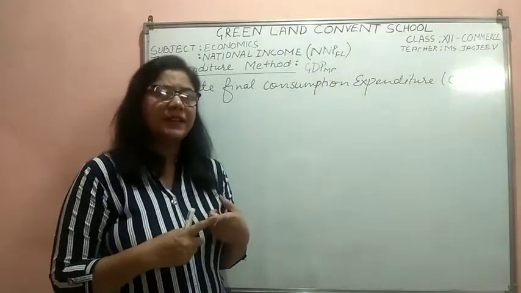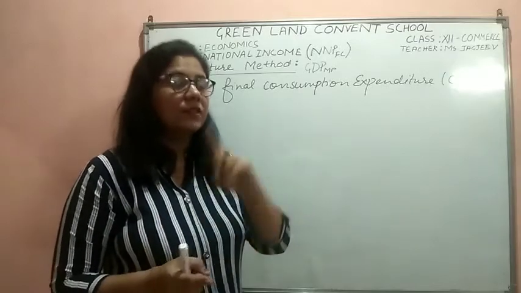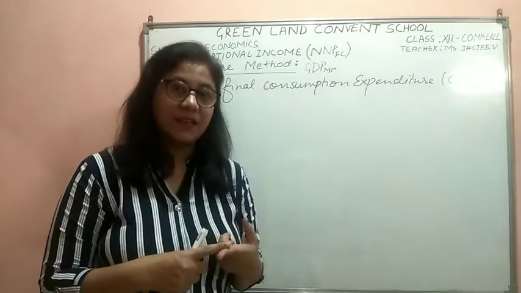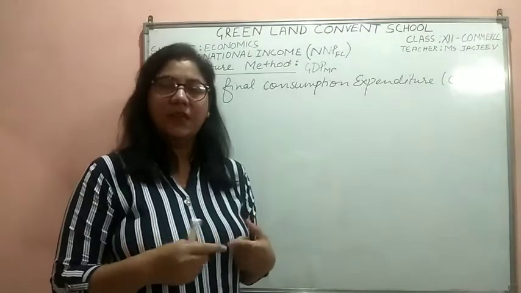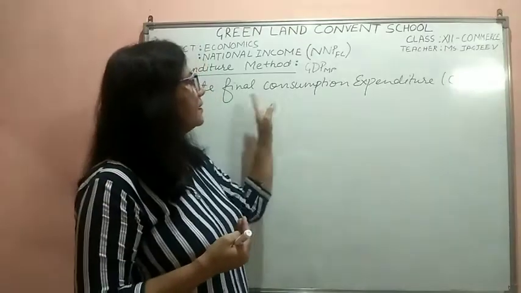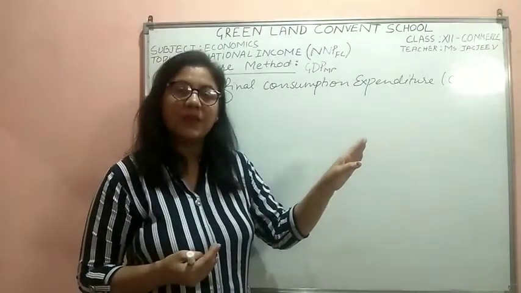It is an expenditure done either on the consumption of services, durable goods as well as non-durable goods. If as a household we are doing the consumption expenditure, it is under the private final consumption expenditure.